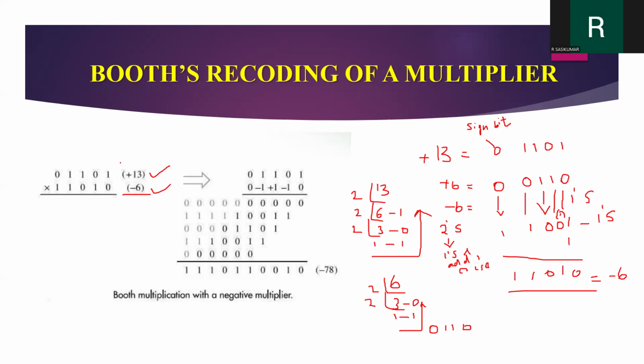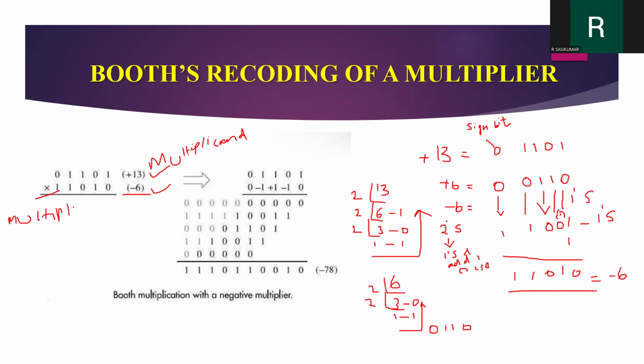This is called the multiplicand, and this is called the multiplier. So Booth recoding of the multiplier means you have to take the multiplier and recode it.